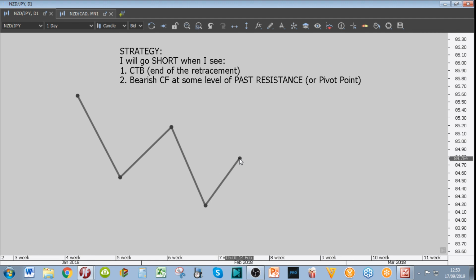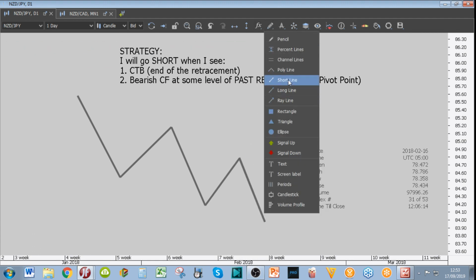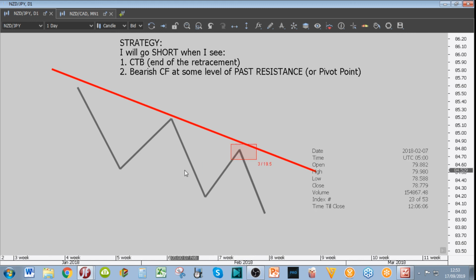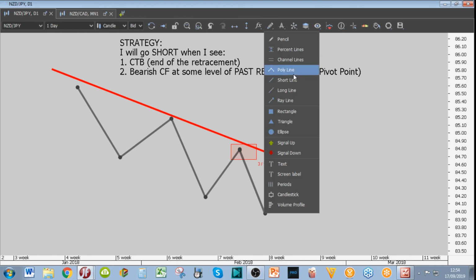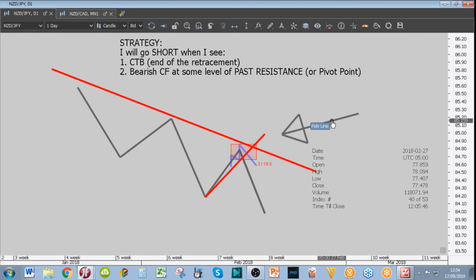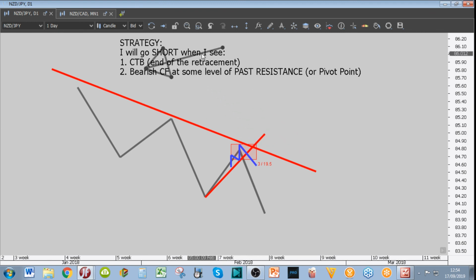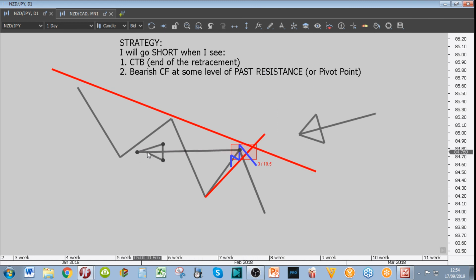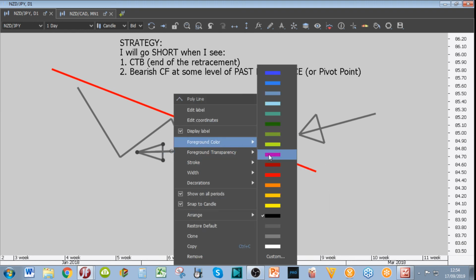So this is the downtrend line, and we are going to enter a short trade in here only and when, everybody, only and when, we see number 1 a counter trend line break like this one, the blue one, together with the bearish candlestick formation happening here at some level of past resistance, and we have past resistance here.